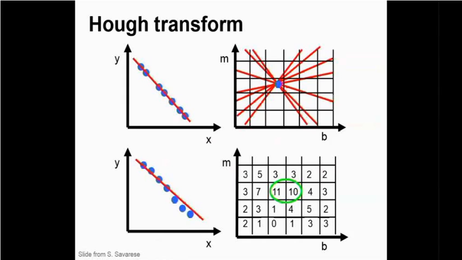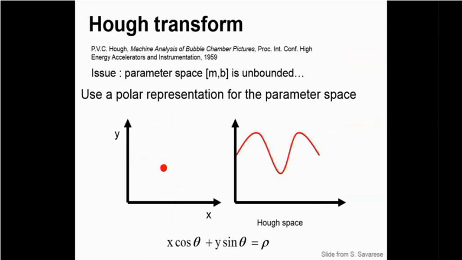One problem with this form of the linear Hough transform is that you can't really deal with vertical lines, because the y equals mx plus b form isn't great for that: the slope goes to infinity and you can't grid up to infinity. So in practice, if people are using the Hough transform for line fitting, which is one of the original applications, you use a different representation for the parameters of the line.